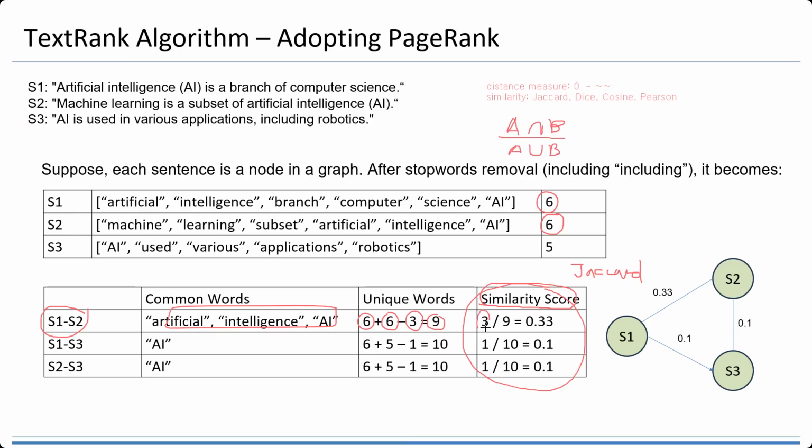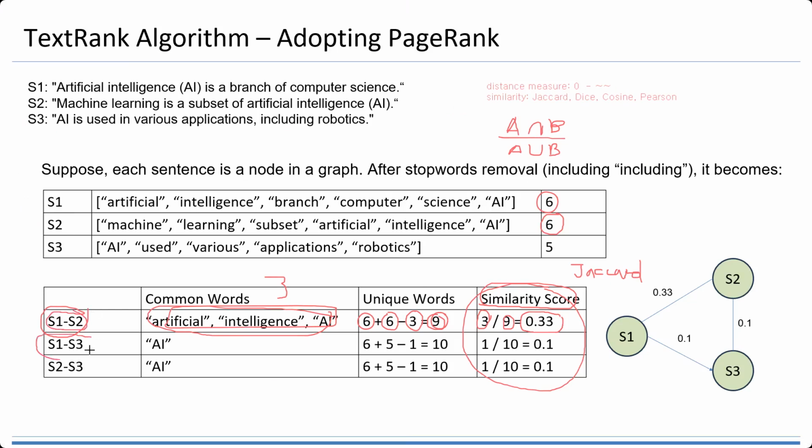Then it is 3 common words over 9 unique words. Then we get the similarity score 0.33 between S1 and S2.